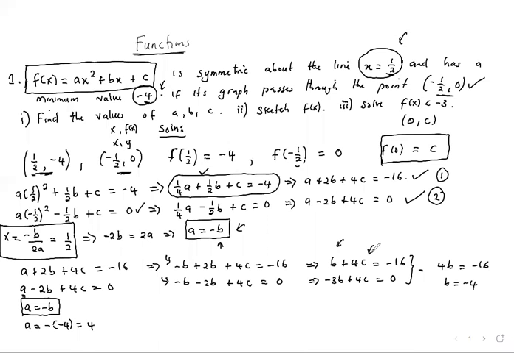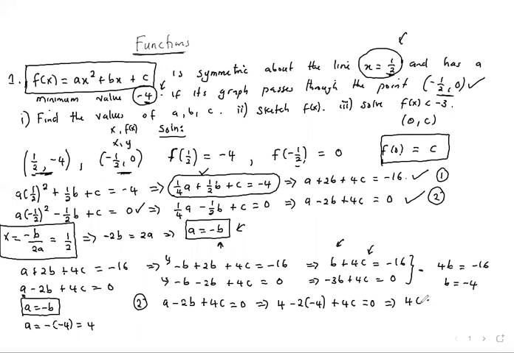Now, because you have the values of a and b, you can pick any equation there. You can pick equation 2. A minus 2b plus 4c is equal to 0. Where there is a, we have 4. Minus 2, where there is b, we have negative 4. Plus 4c is equal to 0. So negative 2 times negative 4 is 8. 8 plus 4 is 12.